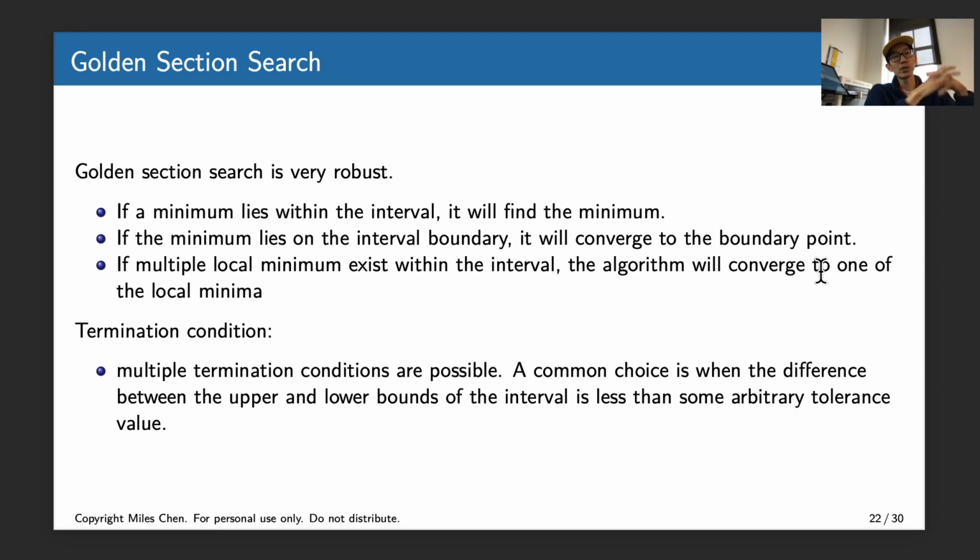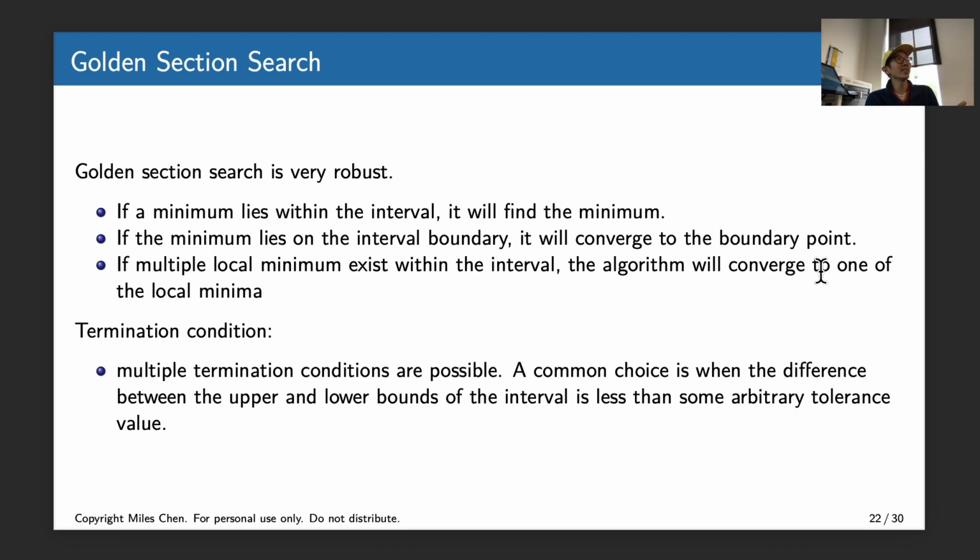If you do have multiple minima within your interval, then early on it might end up throwing away one of them, and there might be a global minimum that you miss. But it will eventually shrink to a point where that assumption, that there's one and exactly one minimum in this interval, holds, and it will converge to that.